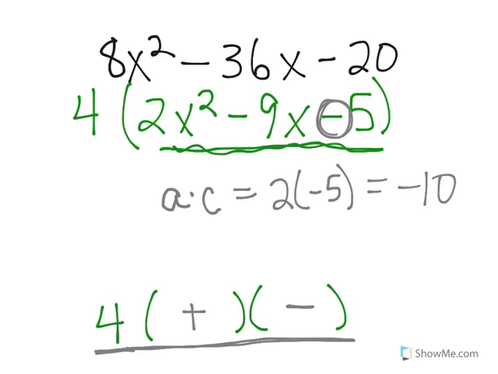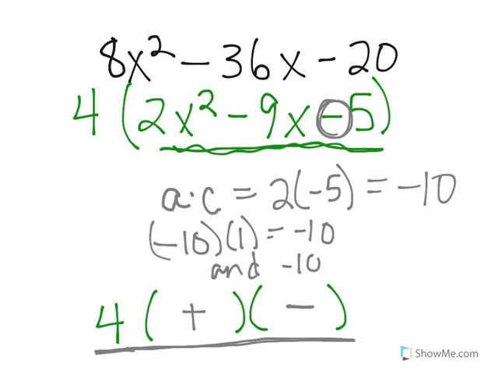Or in other words, what are factors of 10 that have a difference of 9? Well, that would be negative 10 times 1 is equal to negative 10, and negative 10 plus 1 is equal to negative 9. So I'm going to use negative 10 and 1.